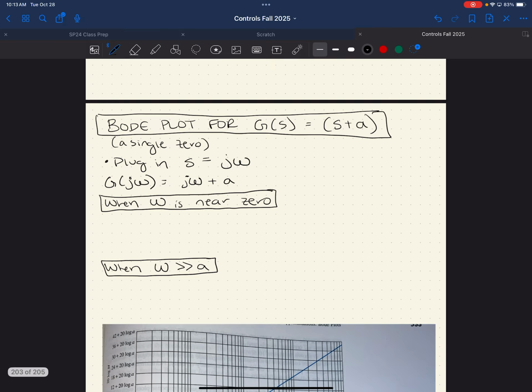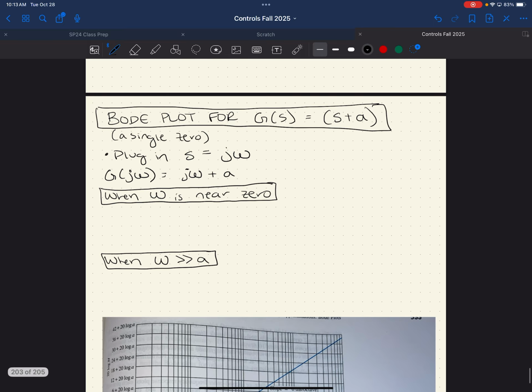And the way that we're going to look at this is we're going to play around with different values of omega and see where that puts the Bode plot on our diagram. So at first we're going to play with omega being very close to 0, and then we'll play with omega being much, much greater than that value a.